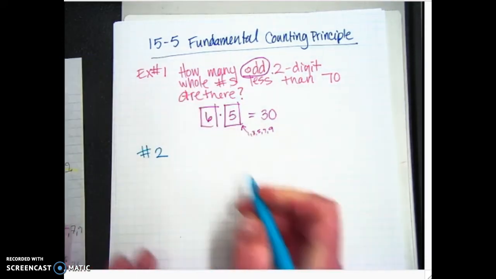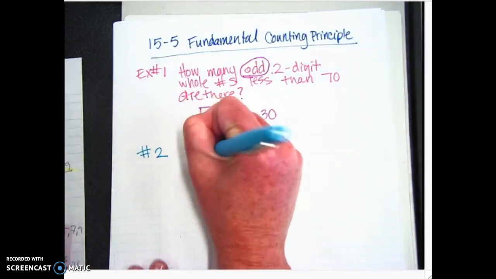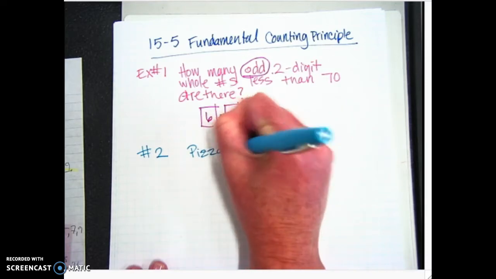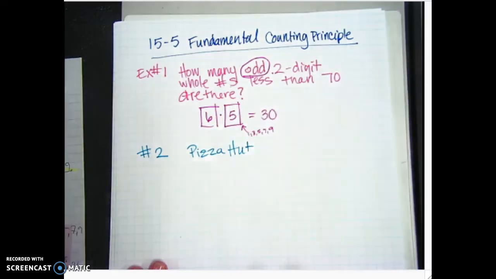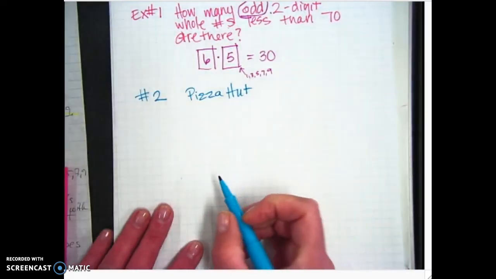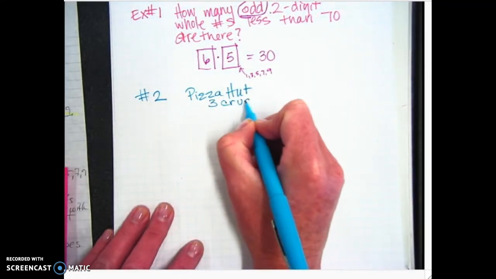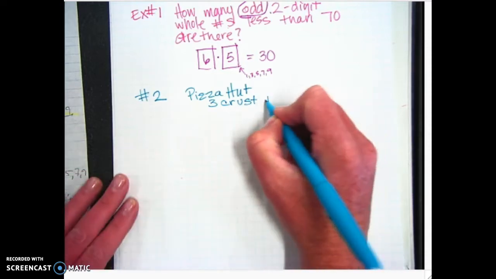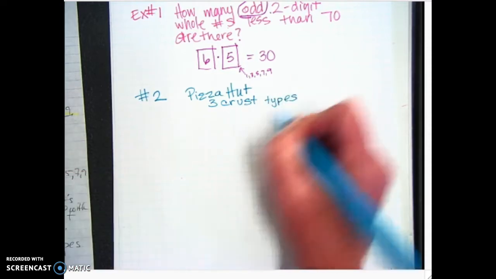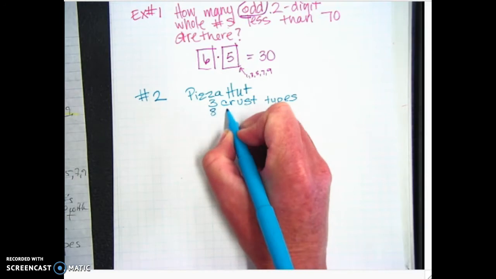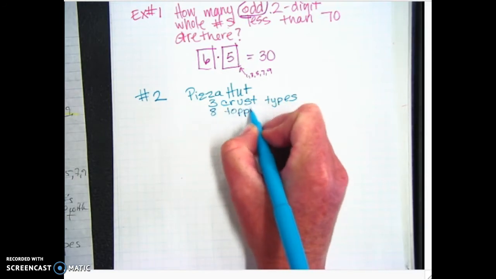Example number 2. This time we're going to Pizza Hut. When you go to Pizza Hut, you have a choice of 3 crust types and 8 topping choices.